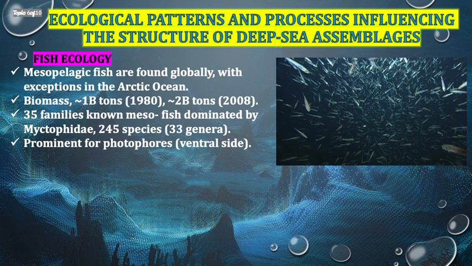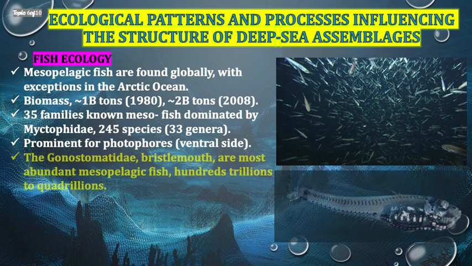Sorry for that. So the mesofish are represented by 35 families, and they are dominated by Myctophidae with 245 species. So again, the picture on the right is in fact Myctophidae, which is represented with 35 genera.